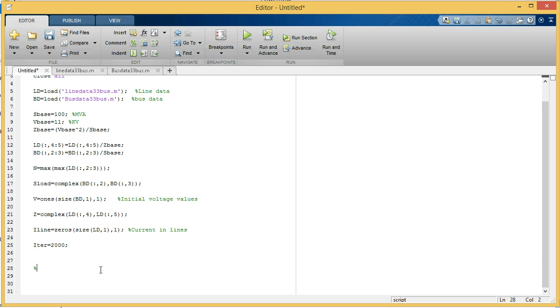So I'm gonna write here, first we need to write the backward sweep, and it starts from here: for I from 1 to the number of iterations.